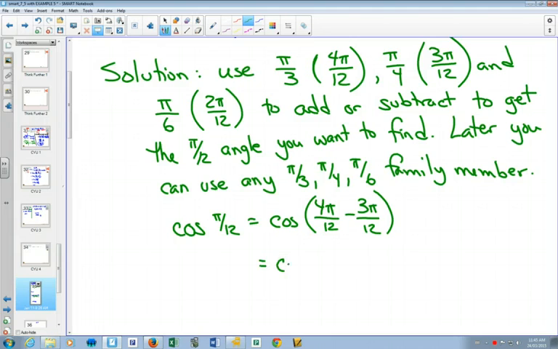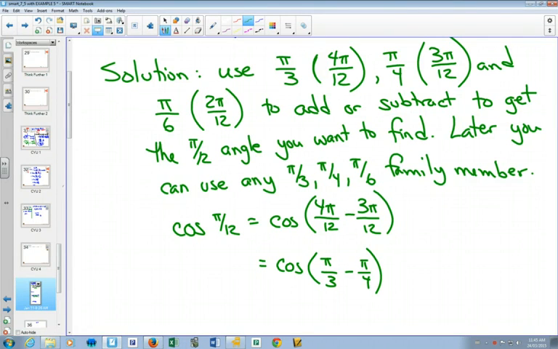And if I rewrite those, because 4 pi over 12 is just pi over 3, minus 3 pi over 12 is pi over 4. And those are both values on your pi plate.